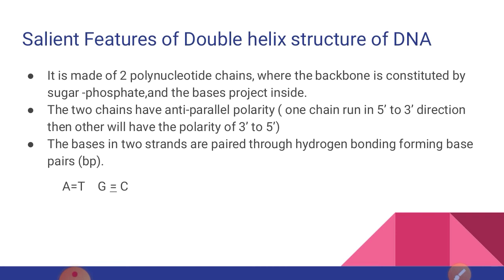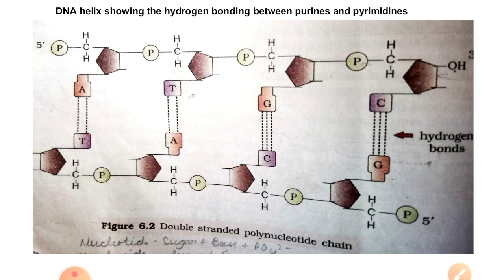Now the bases in the two strands are paired through hydrogen bonding, forming base pairs. These hydrogen bonds are very strong bonds formed between the nitrogenous bases. Adenine forms a double hydrogen bond with thymine and guanine forms a triple hydrogen bond with cytosine. So the bond between adenine and thymine is less strong, and guanine and cytosine share a stronger bond as compared to adenine and thymine.